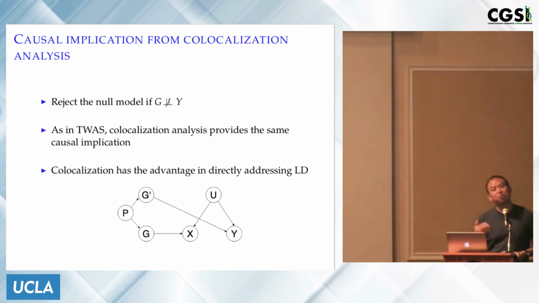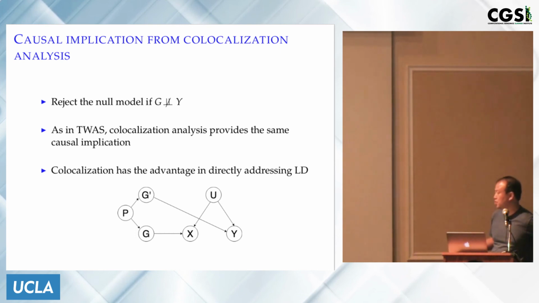So if you believe this whole framework, then you should also believe colocalization gives you this kind of causal implication. But there is one more thing in favor of colocalization analysis. It can distinguish this situation: you have two correlated SNPs and no causal relationship.